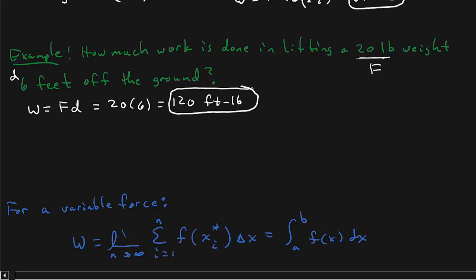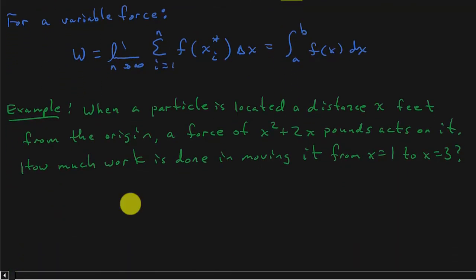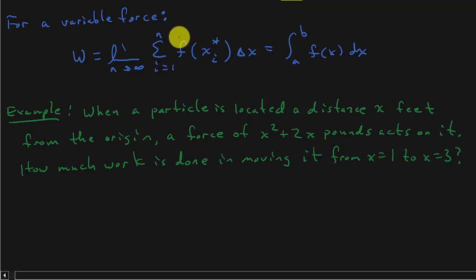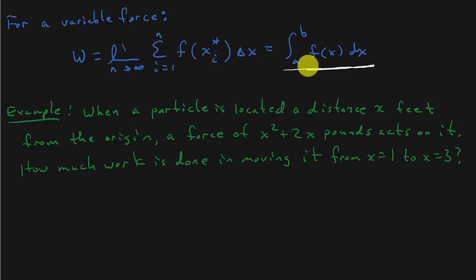All right, so let's look at this next problem. For a variable force, what if we have a variable force? Then the work is equal to the integral of f of x dx evaluated from a to b. That's for a variable force.